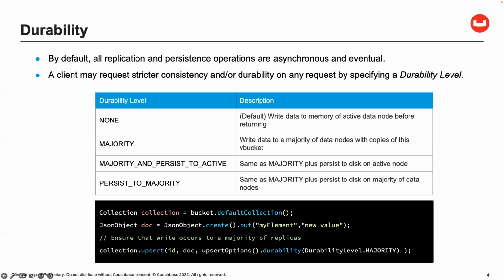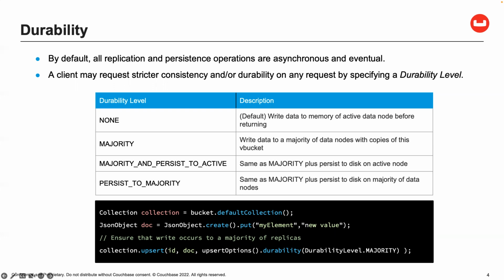We support between 1 and 3 replicas of each data set. By default, all writes are asynchronous, but the level of durability can be set to ensure replication and/or persistence to disk before the write is committed. And that's what we're going to talk about as the different levels of managing that.